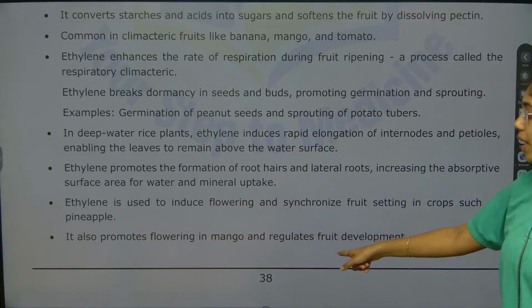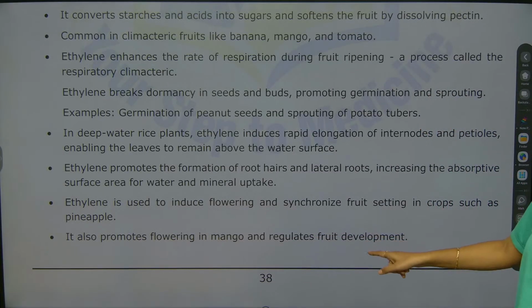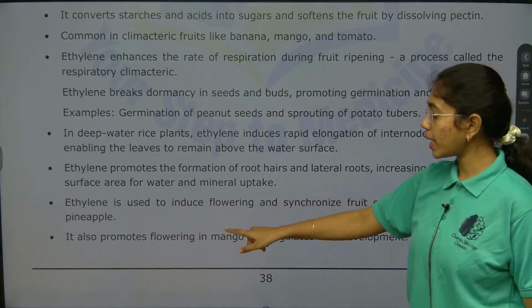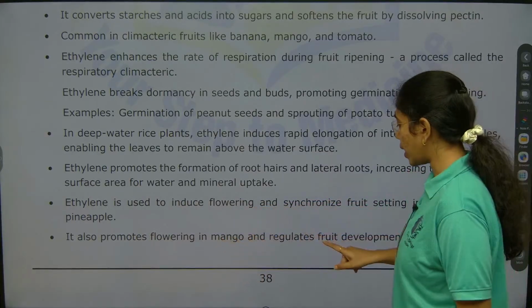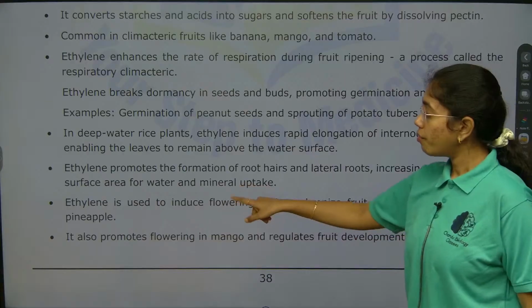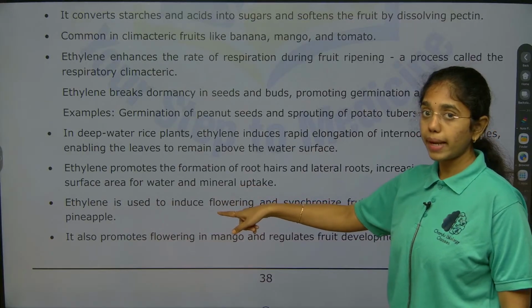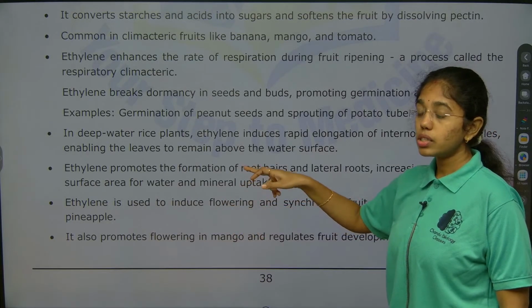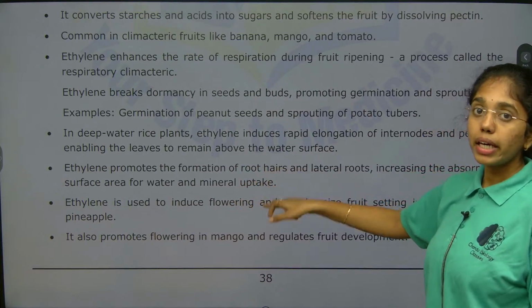Lastly, it will promote flowering. You have to give out the examples. It will induce flowering in pineapple. It will also promote flowering and regulate the fruit development. This is the common synergistic effect which is given by ethylene and auxin.